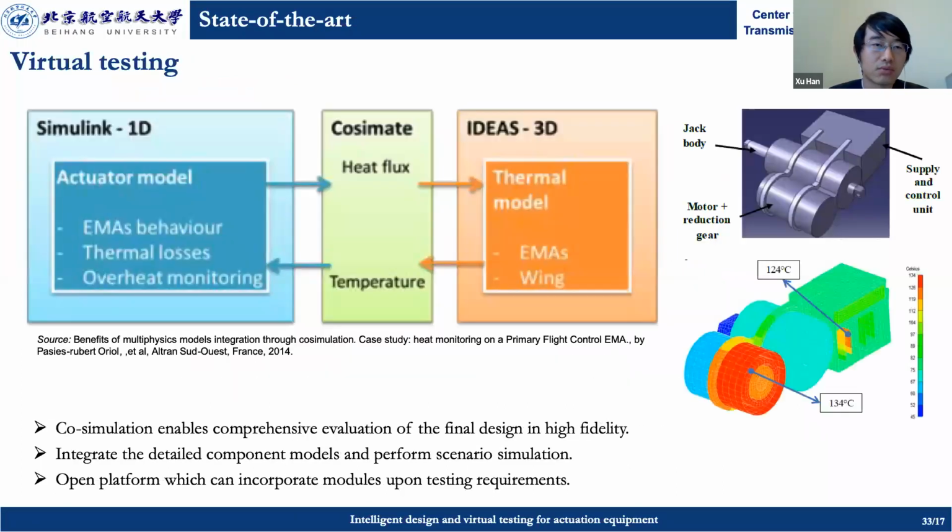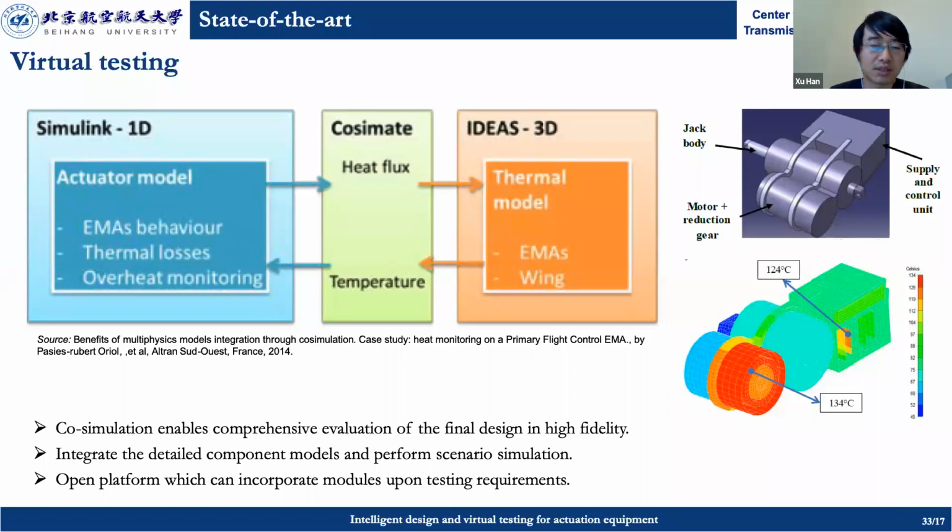Then we can go to the virtual testing. Virtual testing requires simulation models with higher fidelity because it helps designers gain enough confidence to manufacture their design solution. With these requirements, the co-simulation method is preferred. With co-simulation, different characteristics can be considered in the most sophisticated modeling method.